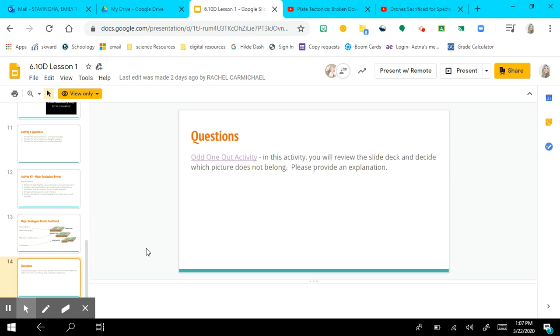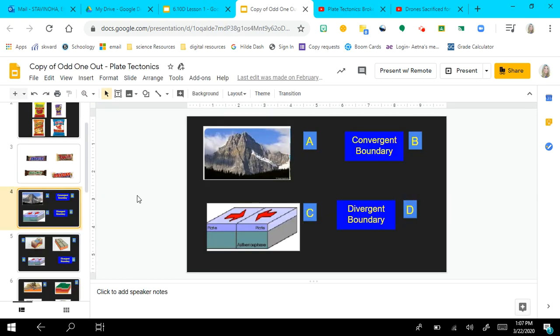In this activity, you will review the slide deck and decide which picture does not belong. Please provide an explanation. Here you see 4 different objects, A, B, C, and D. A is a picture of mountains, B says convergent boundary, C is 2 convergent plates coming together, and D says divergent boundary.